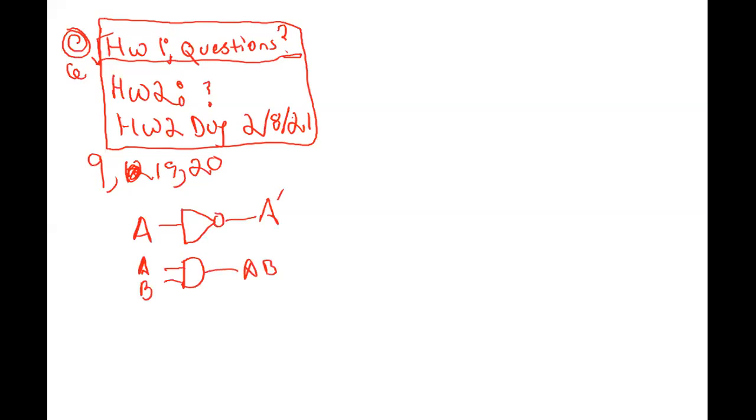But what happens if you add an inverter to the AND gate? Then what you get is AB inverted. And that's equal to not A or not B by De Morgan's theorem.